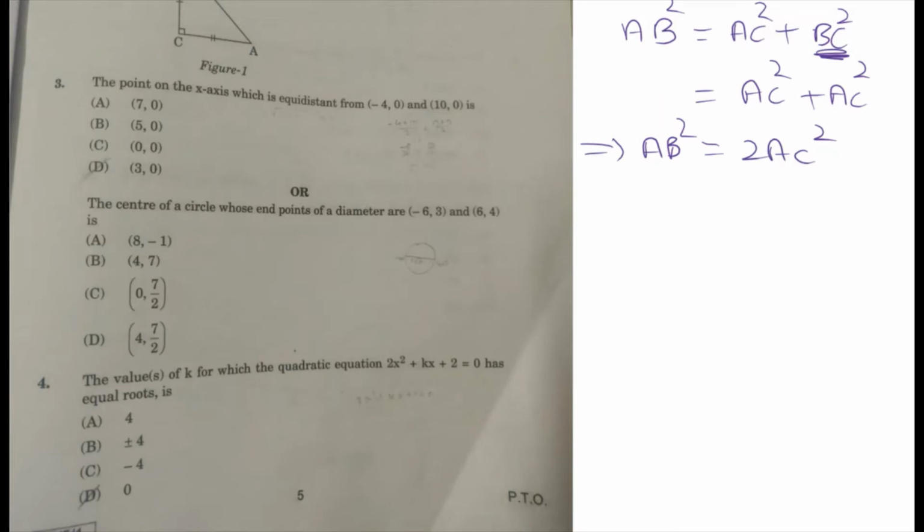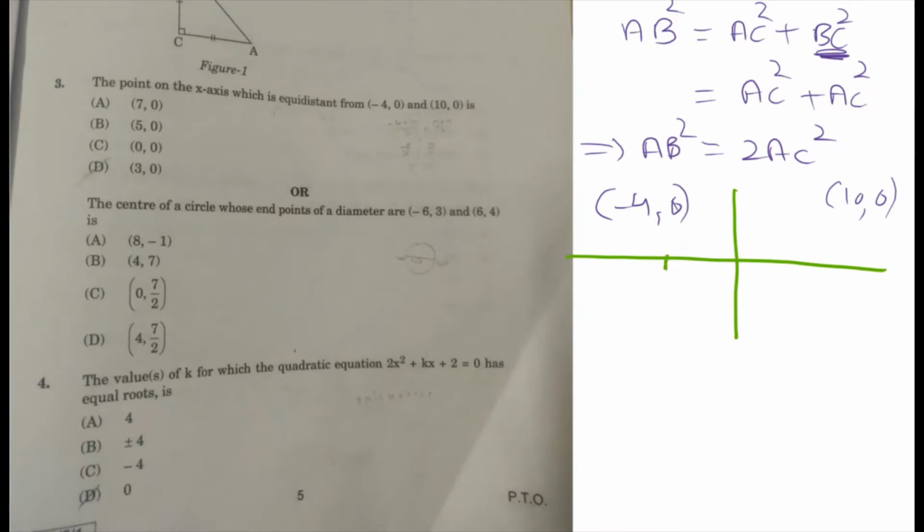Third question. The point on the x-axis which is equidistant from minus 4, 0 and 10, 0 is. So we have 2 points, minus 4, 0 and 10, 0. We need to find a point on the x-axis. Given points are actually lying on the x-axis. So this is minus 4, 0 and next one is 10, 0.